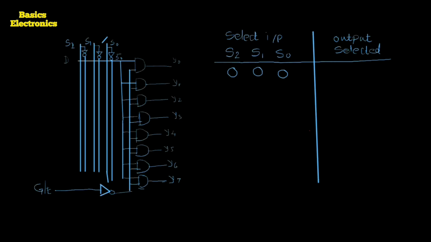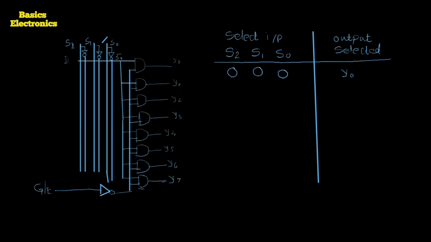Then it is desired that the data is passed towards the output line Y0. Means only Y0 is equal to D, and the remaining outputs Y1, Y2, Y3, Y4, Y5, Y6 and Y7 are equal to 0. So the output selected is Y0, and all remaining outputs are equal to 0.